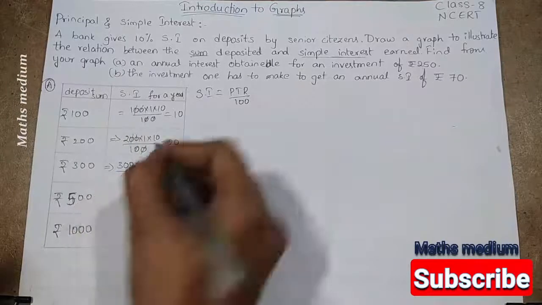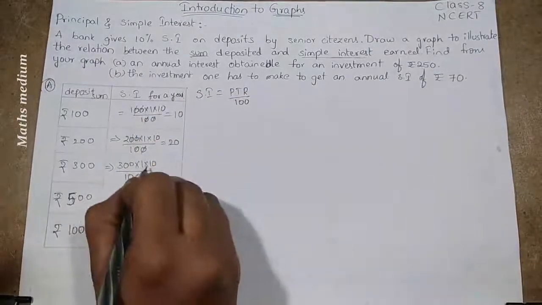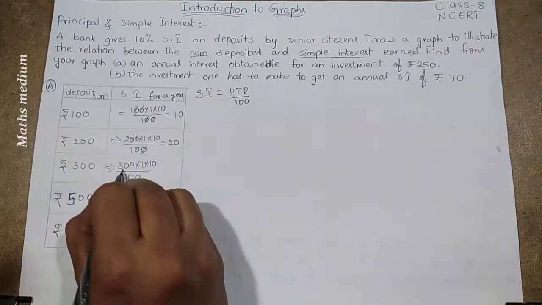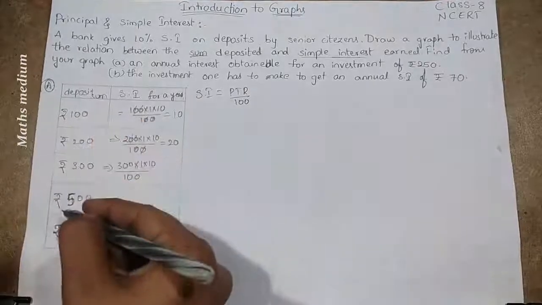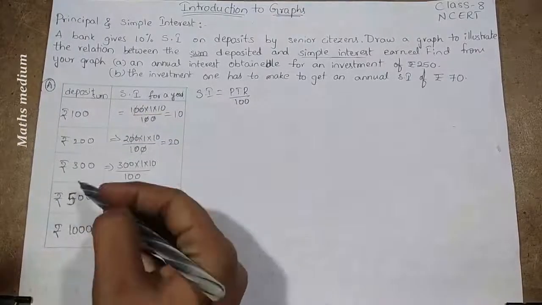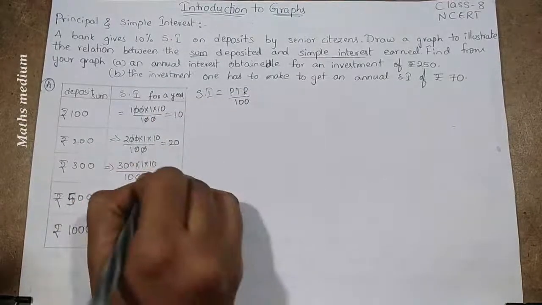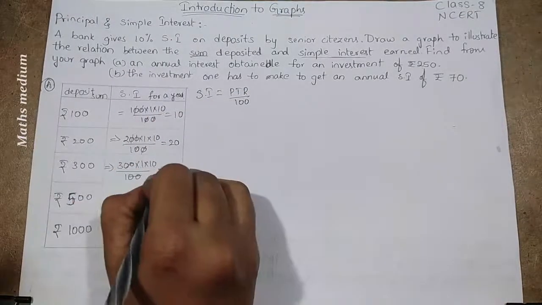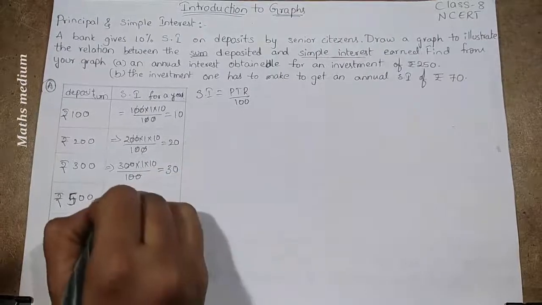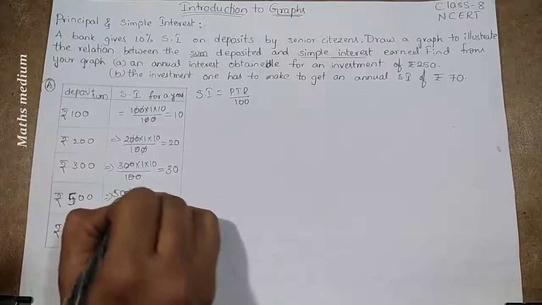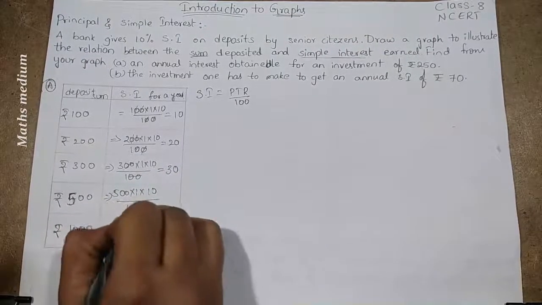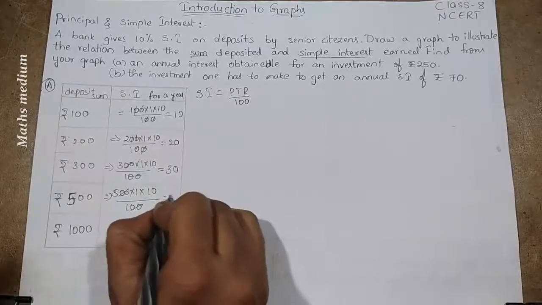So this is common for all, 1 into 10 by 100. Only the principal amount changes according to what we have taken as the sum of deposit. That is why the SI changes. So here also 0 cancels, 3 into 10, 30. Here 500 into 1 into 10 divided by 100, zeros cancel, 50.